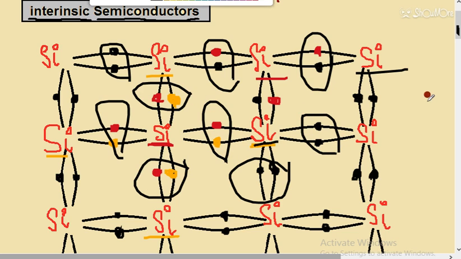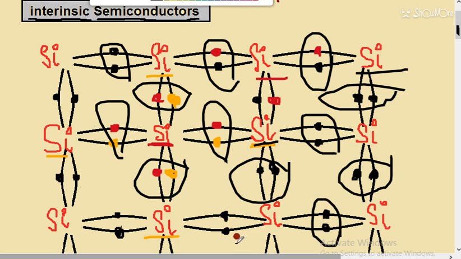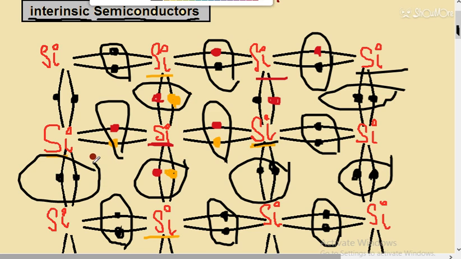So no conductivity will be there. How do they conduct? When these bonds break. If any of these bonds break, in that case the semiconductor conducts.